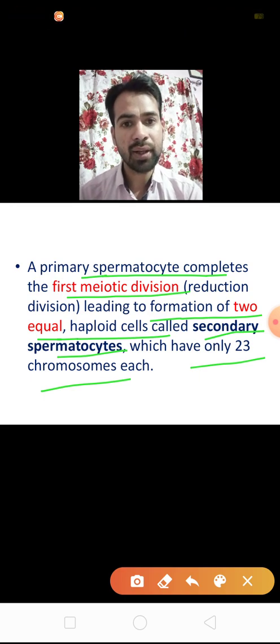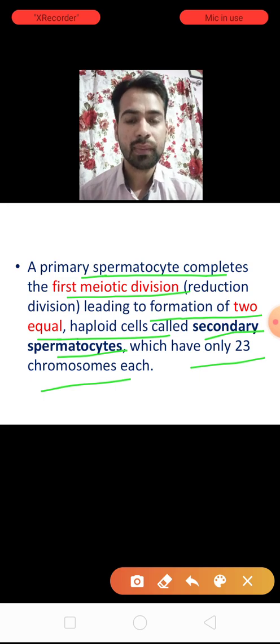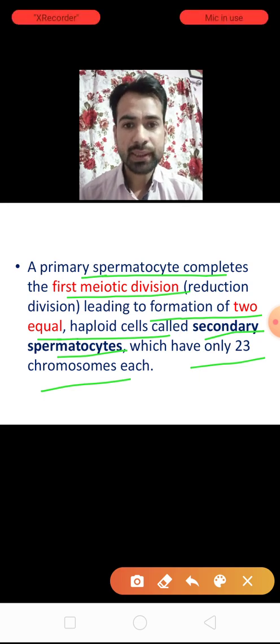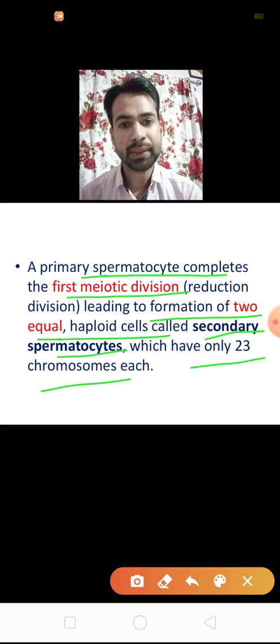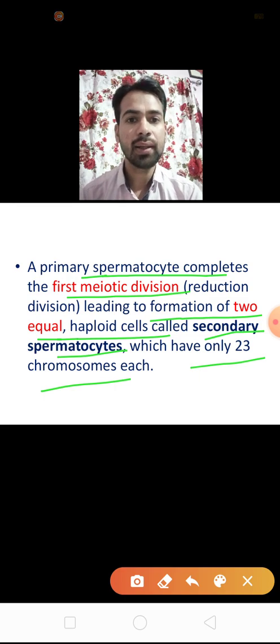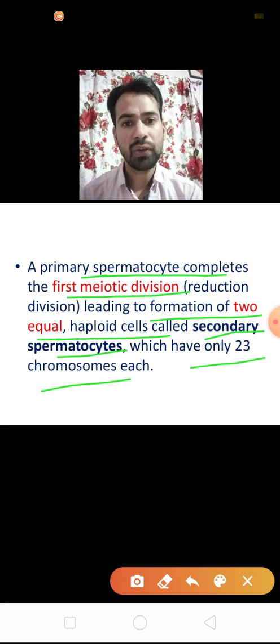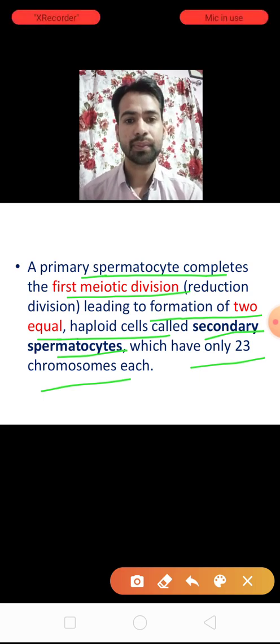So why, children, do 23 remain in the secondary spermatocyte? Because in primary spermatocytes the meiotic division takes place, and meiosis is a reductional division in which the chromosome number will be half in the progeny. Clear?